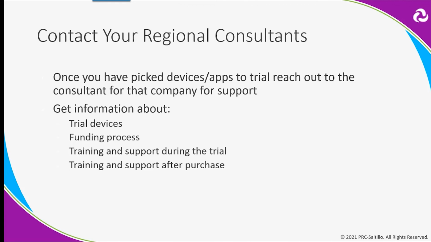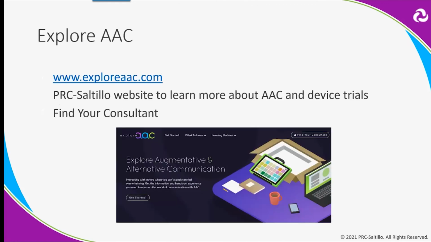So start there, then start getting information about trial devices. Do they have that option? Is there something in your state, which we'll talk about in the next session too? The funding process, the training and support during the trial, the training and support after a purchase, all those things we just keep repeating. I know we sound like a broken record, but it really does help you as you go through this process.